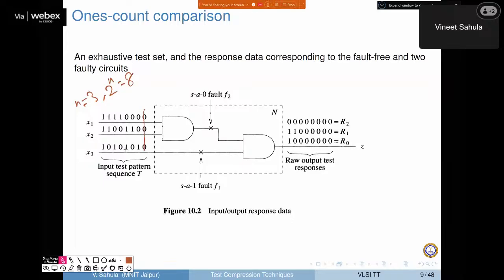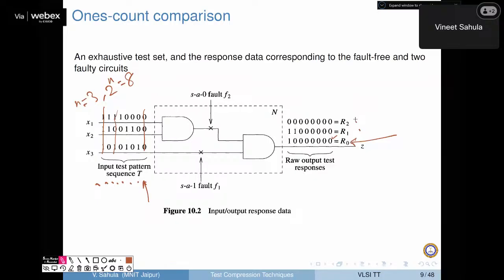So this is the first pattern 0 0 0. This is the sixth pattern. This is the seventh, the 8th pattern 1 1 1. So I'm applying all the patterns one by one. If I apply the first pattern, I will get the output as 0 for a fault-free circuit. This is the fault-free circuit output sequence. These two correspond to the faulty circuit output sequence, right?